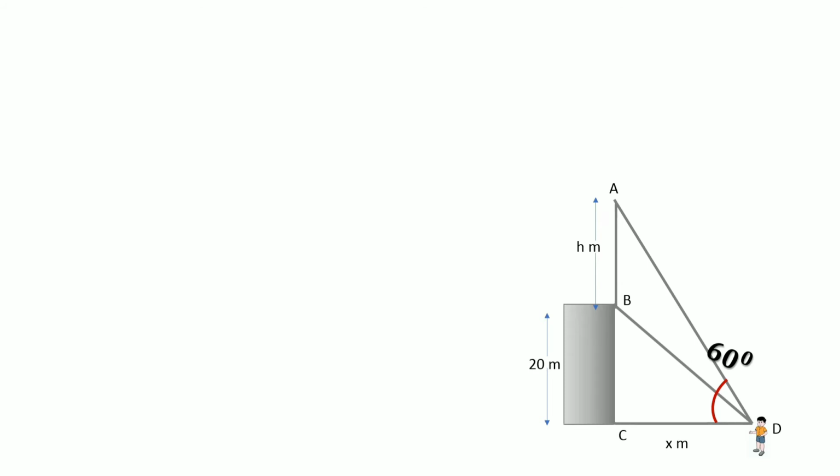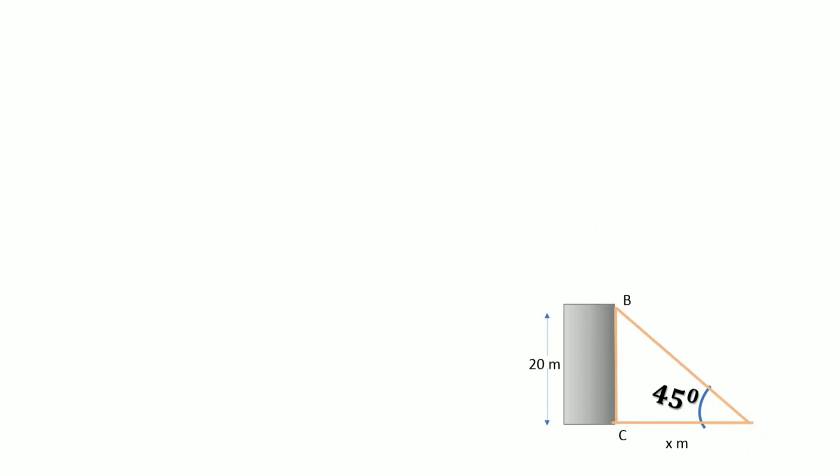The distance between the observer and the building we don't know, which is common to both triangles CDB and CAD. Let us find the distance between the observer and the building first. For that, let us retain only this triangle.